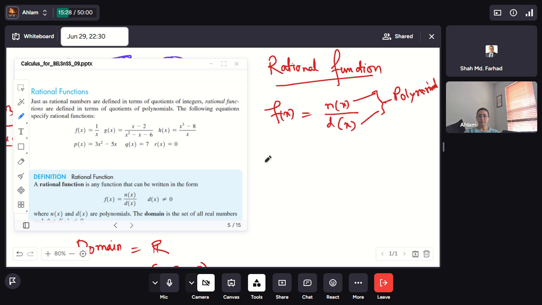So we can say f of x equals x squared plus 2x plus 5 over x minus 5. So this one is a rational function. Okay.